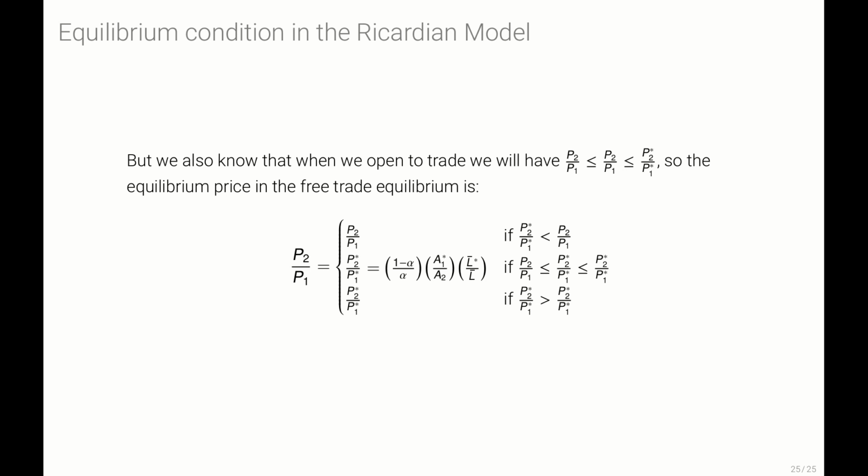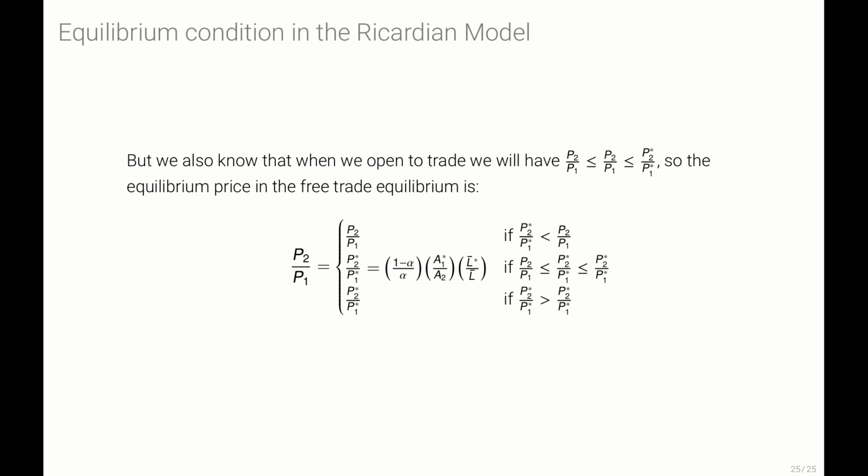Likewise, if we solve for this value and it turns out to be higher than foreign's autarky price, then we'd never go above foreign's autarky price, and the free trade equilibrium would be exactly at foreign's autarky price.